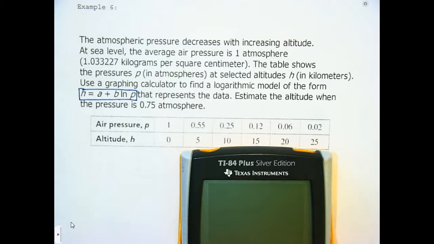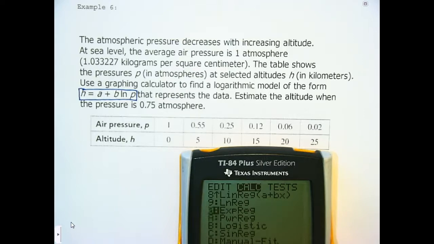Okay, once you have your table in there, it's stat. Which one now? Not linear. Natural log, right? Natural log regression.